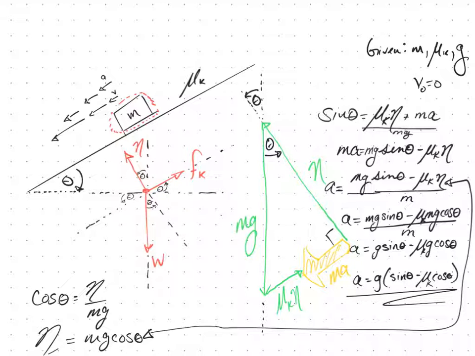That would be a useful activity. Again, you should be able to figure out at what angle a block would start to slide down a hill given a coefficient of friction.